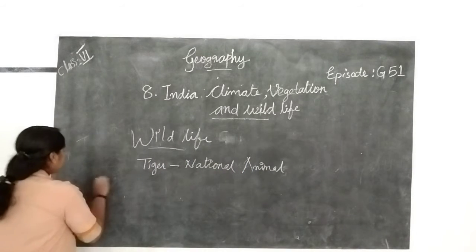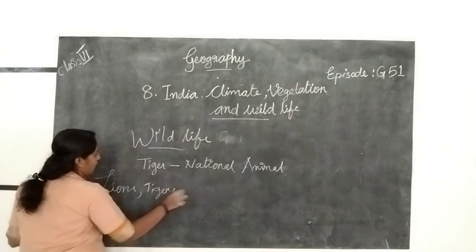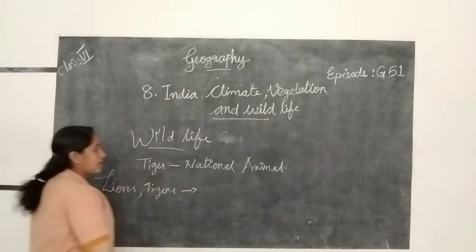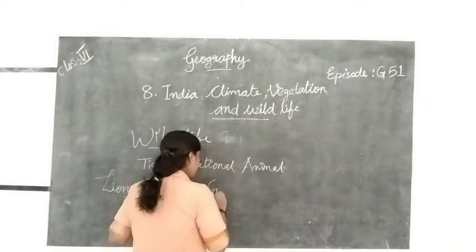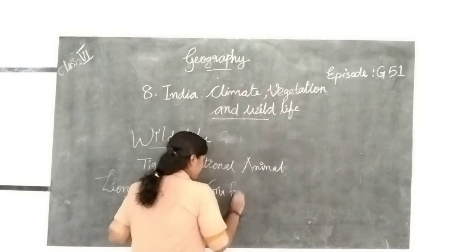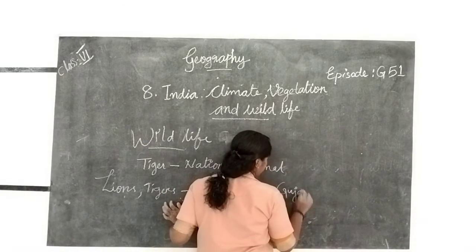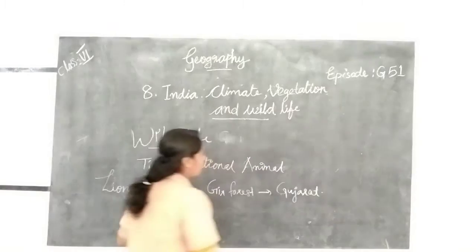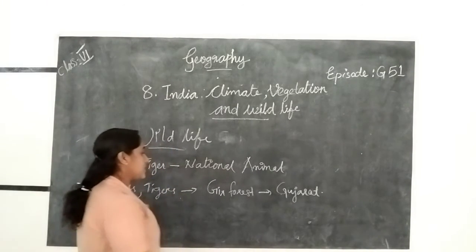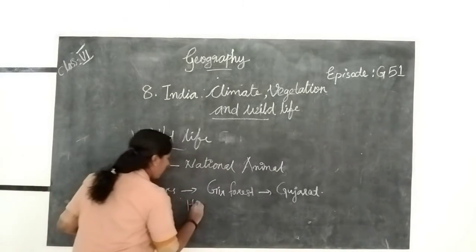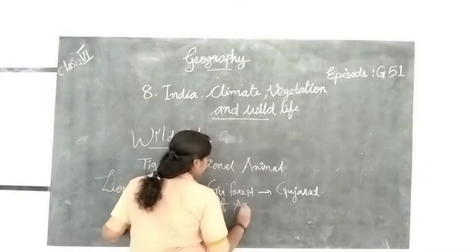Lions and tigers can be found in several parts of our country, and mostly we can find these animals in the Gir forest in Gujarat. This forest is known as the home of Asiatic lions.